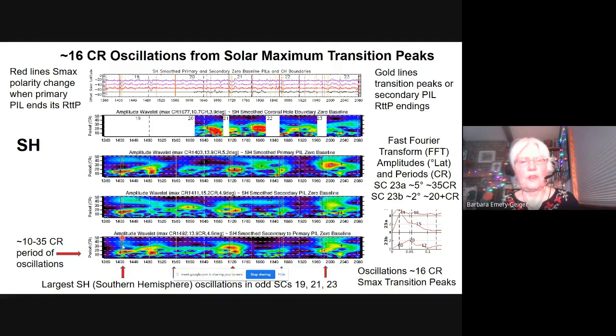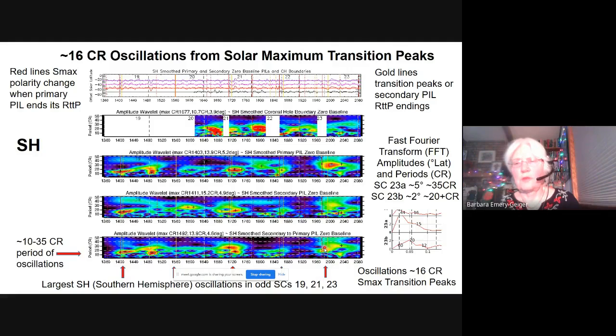One of the things we see for this southern hemisphere is red values mostly at this transition area where the secondary RTP peaks in solar cycle 19, solar cycle 21, and solar cycle 23.